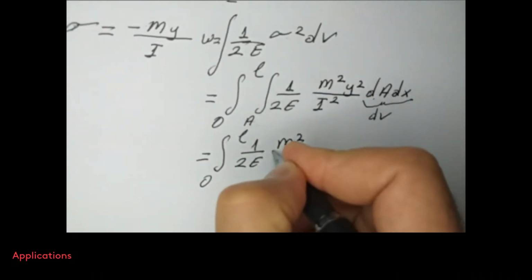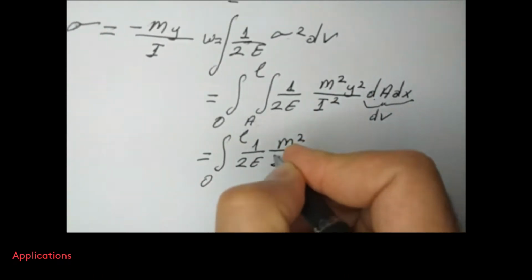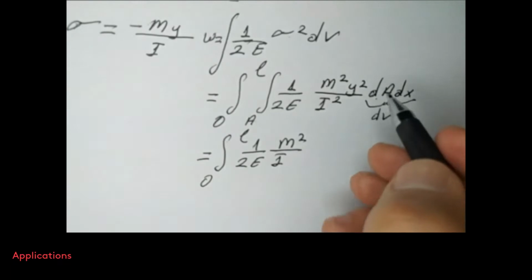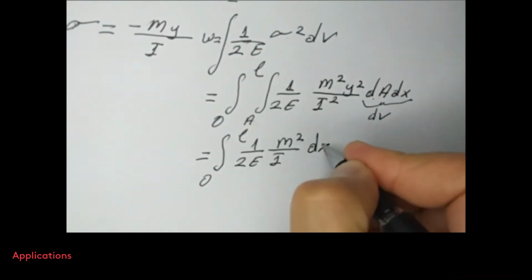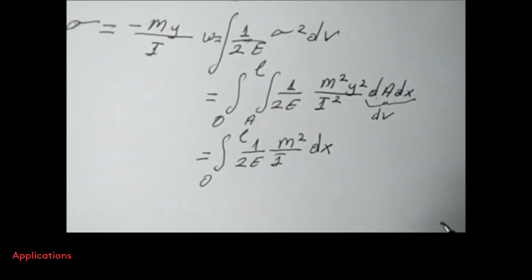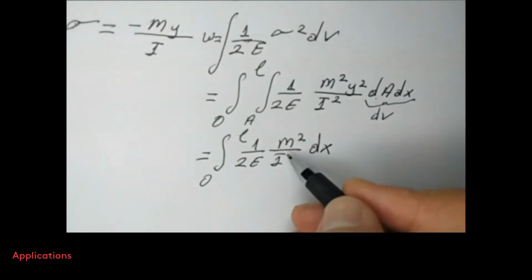So it is I for the total strain. So basically I need to determine the distribution of the moment through the beam. It is quite simple.